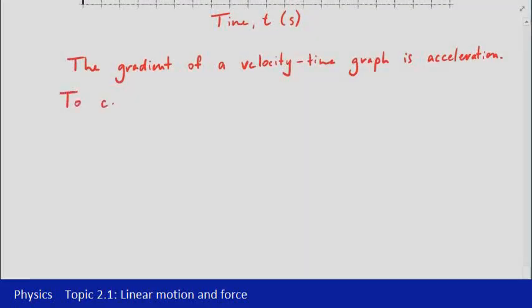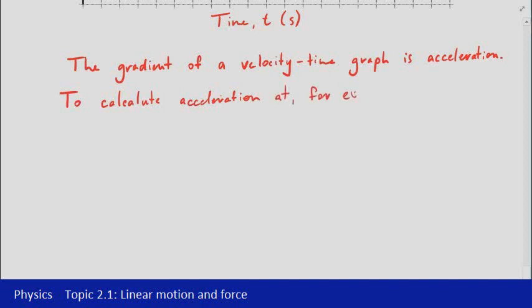So to calculate acceleration from a velocity versus time graph, in this case we'll use t equals 7 seconds as an example.